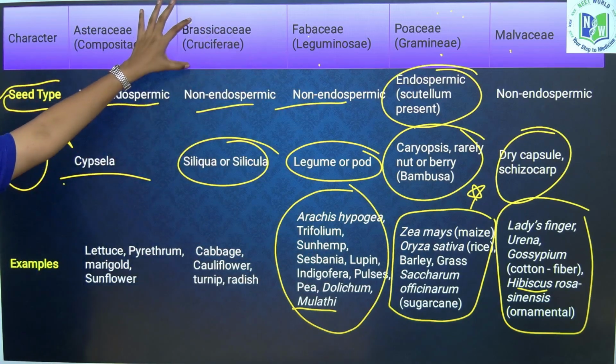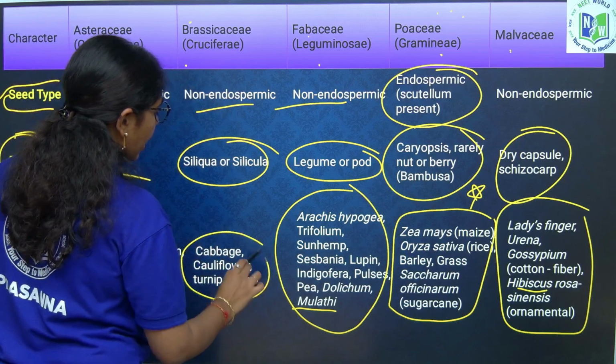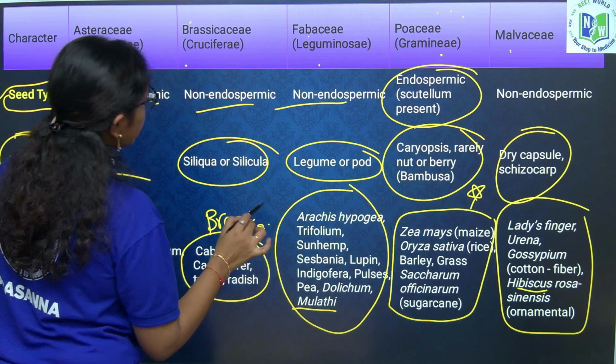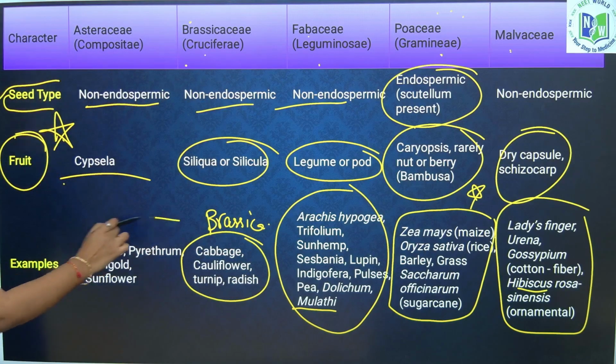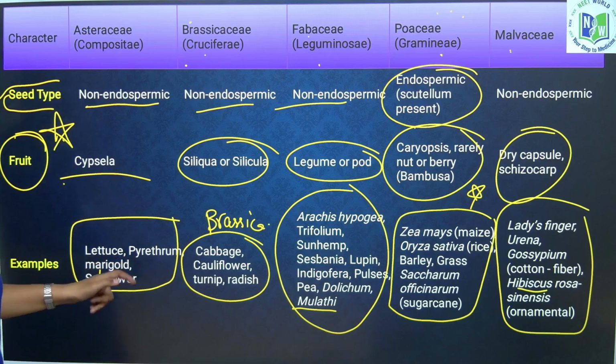Next, coming to Brassicaceae: cabbage, cauliflower, turnip, radish, brassica. These are the examples of the family Brassicaceae. Coming to Asteraceae, the examples include sunflower, marigold, lettuce, pyrethrum.